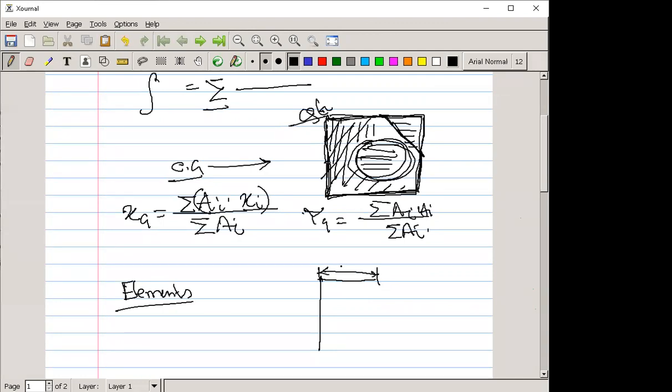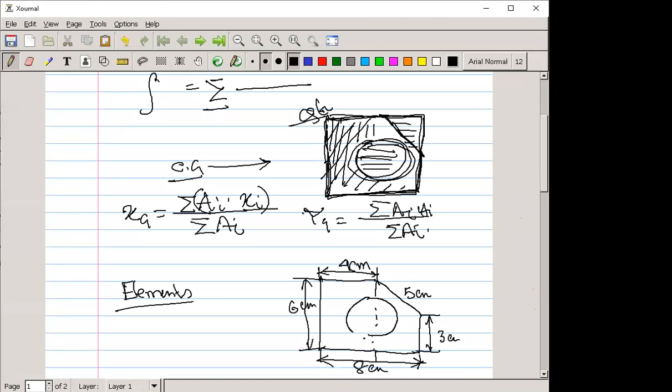Suppose this is given as 4 centimeter, this is given as 6 centimeter, total is 8 centimeter, this is 5 centimeter, this is 3 centimeter, and this is 4 centimeter. Sorry for my bad drawing.